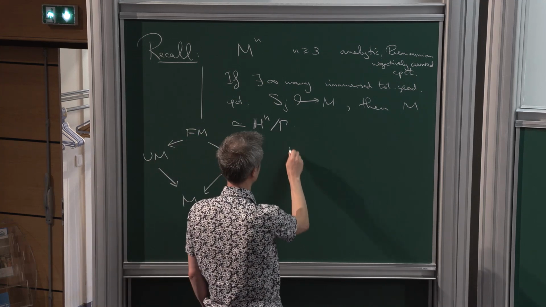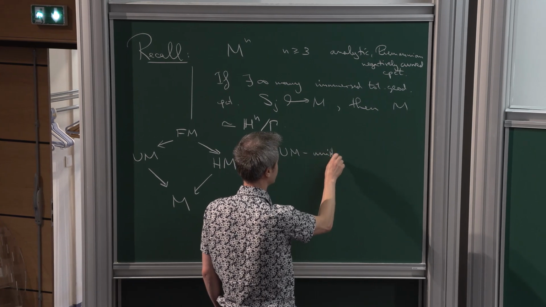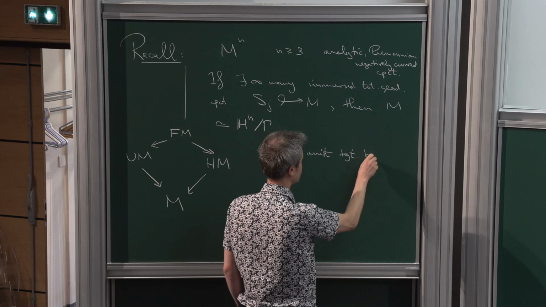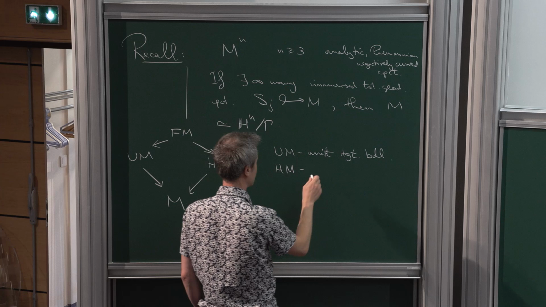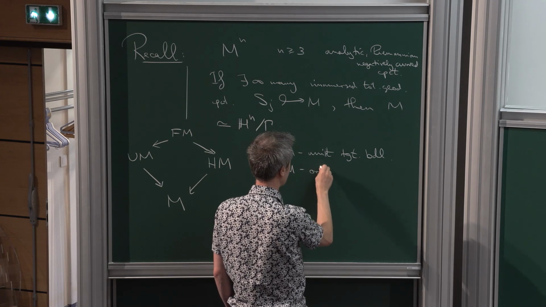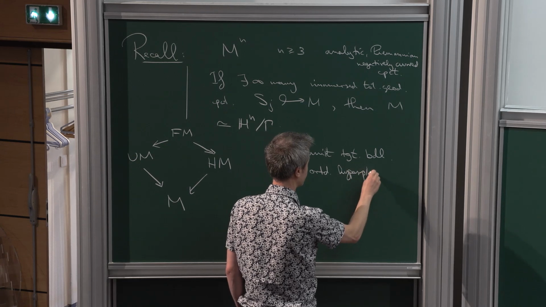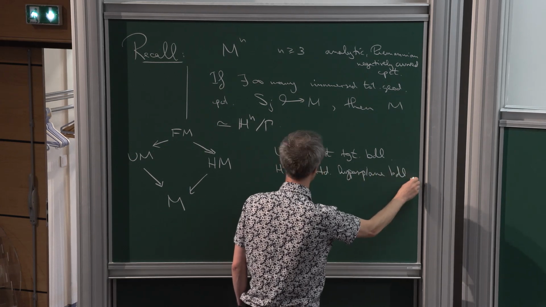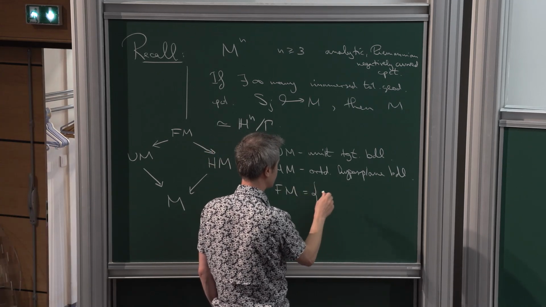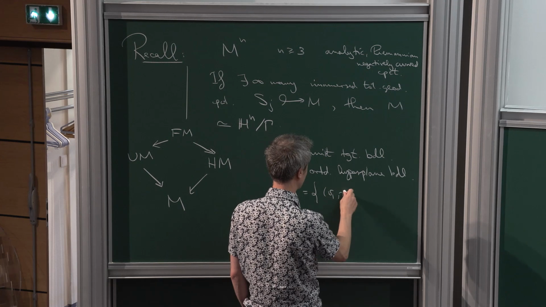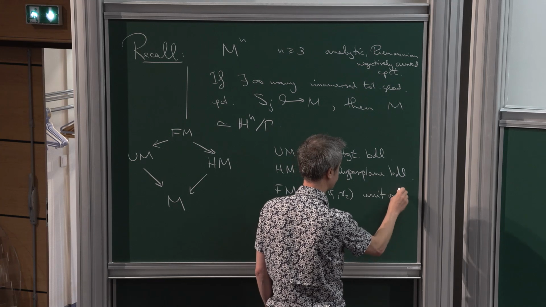So UM was the unit tangent bundle, HM was the oriented hyperplane bundle, and FM was the set of pairs V1 and V2, unit orthogonal vectors.